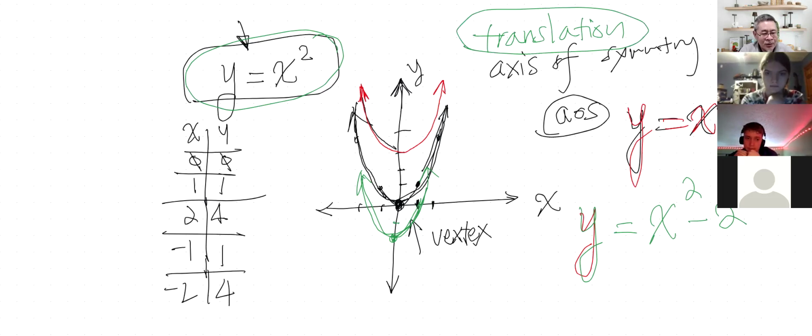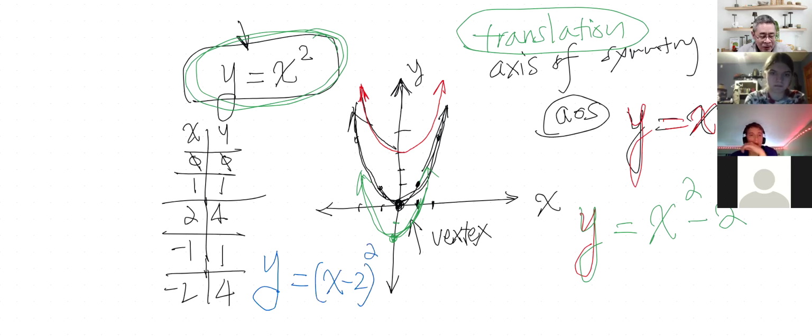Now, if I change this function, in a different color, a blue color, to y equals (x minus 2) squared, you can see that y equals 0 when x equals 2. So now the function gets shifted to the right by 2.